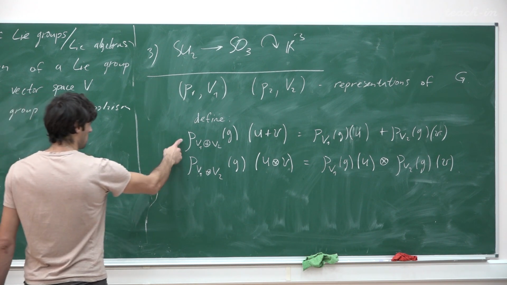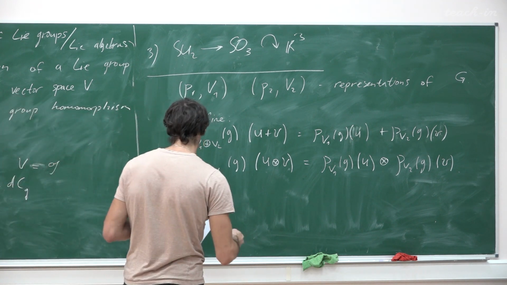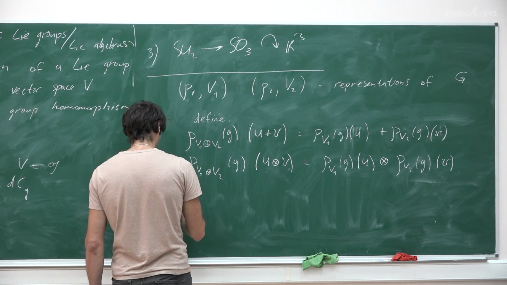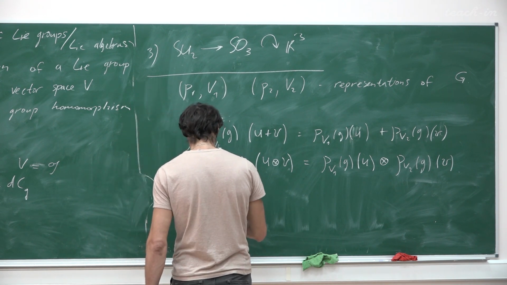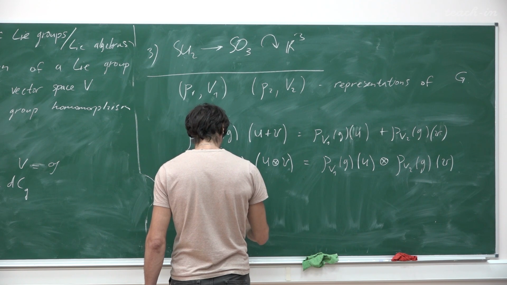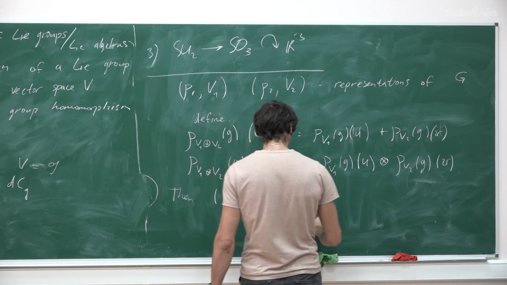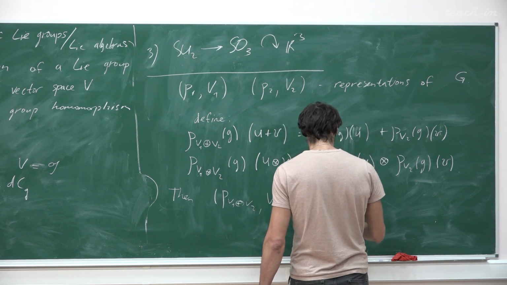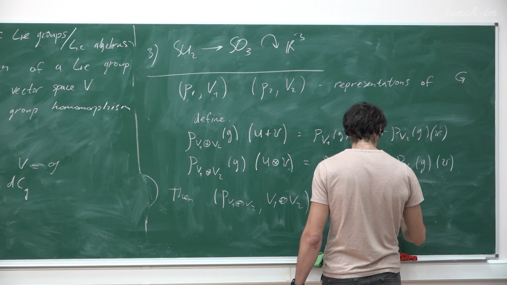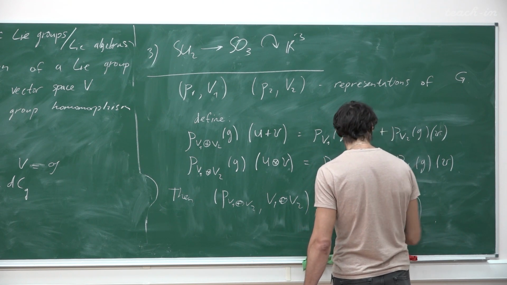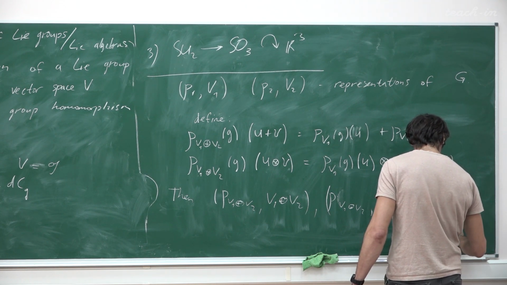So these rhos are homomorphisms of Lie groups. Okay. So then rho V1 plus V2 and rho V1 tensor V2 are representations of G.